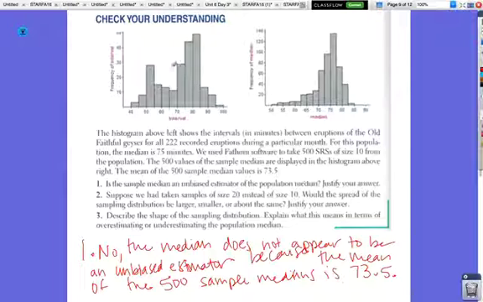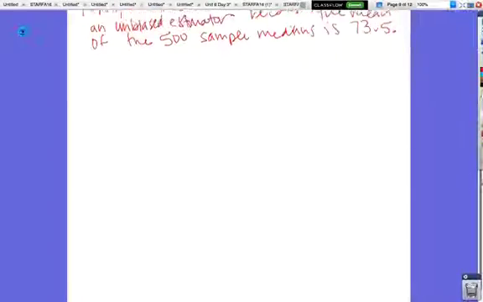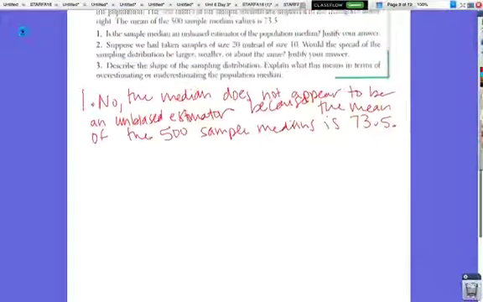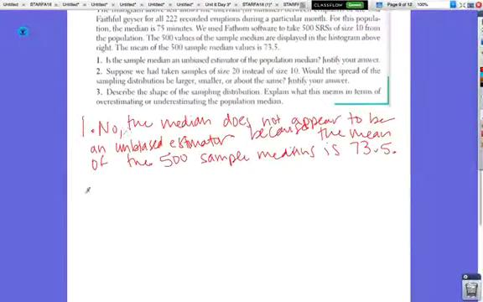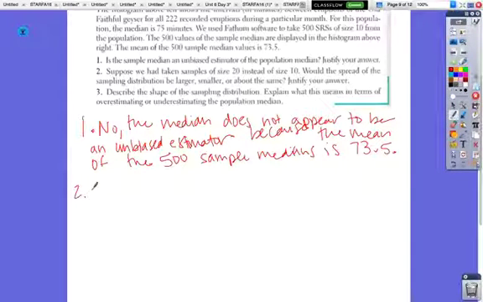Whereas in the first histogram that we had, the median is 75. So because it's off, even though it's off by just a little bit, we still would say that it is not an unbiased estimator.